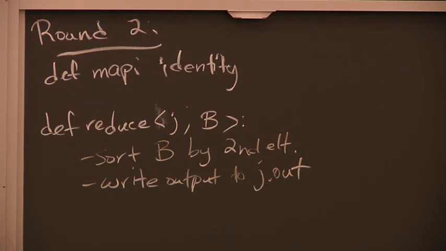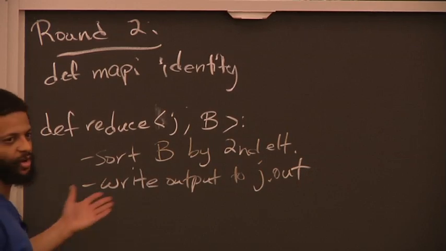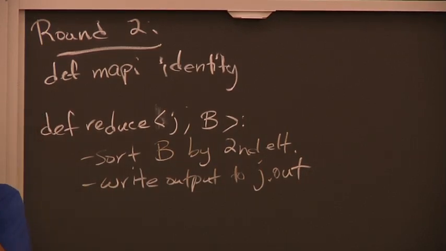And then to get the actual sorted order at the very end, you just concatenate 0 dot out, 1 dot out, 2 dot out, up to p minus 1 dot out. Does that make sense?